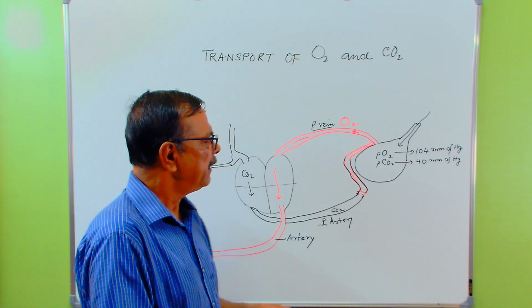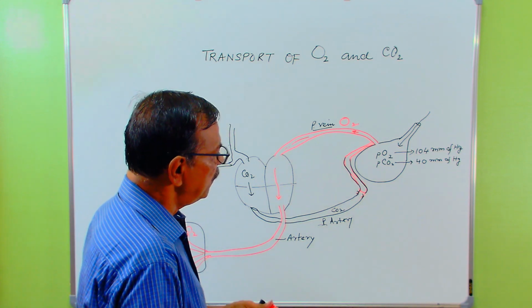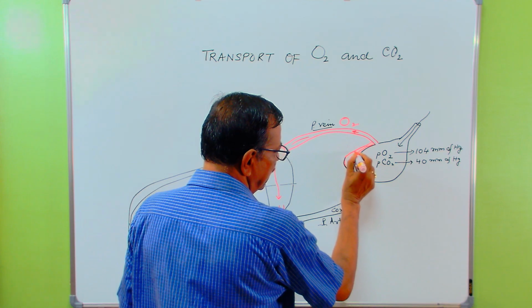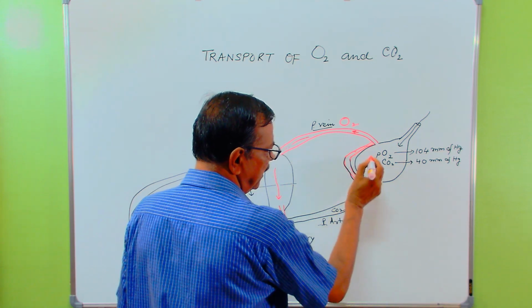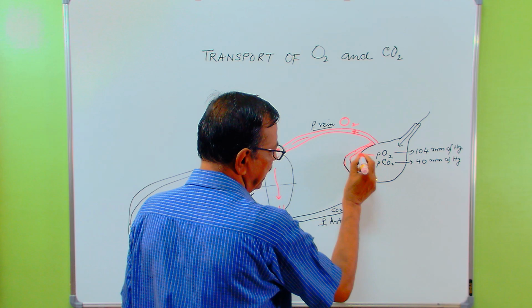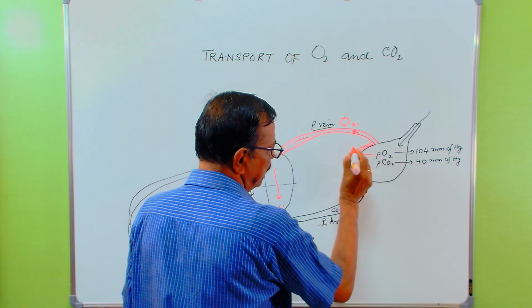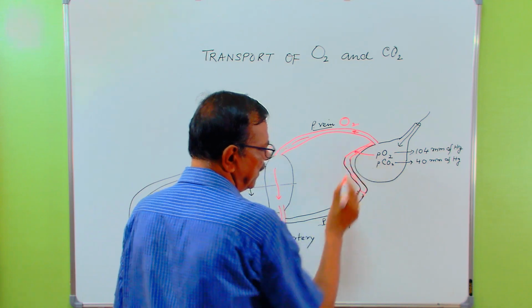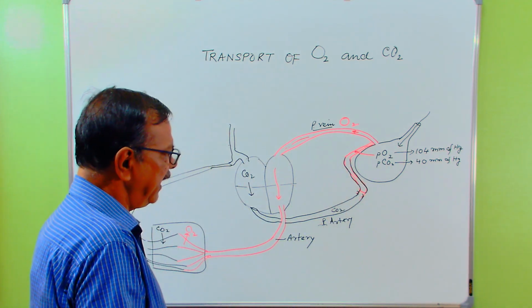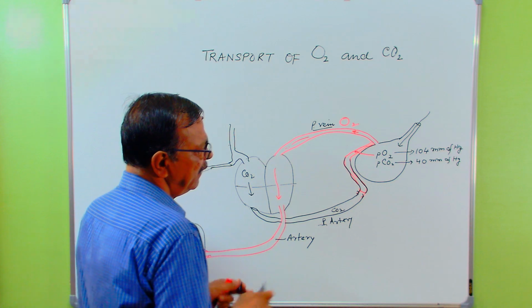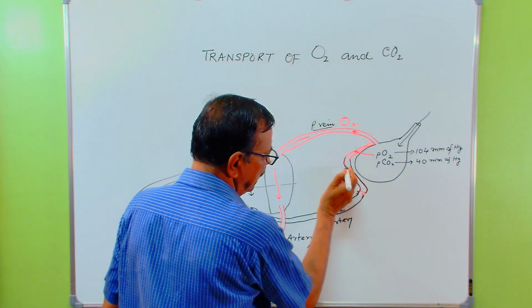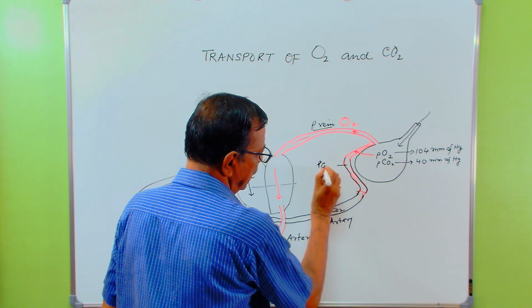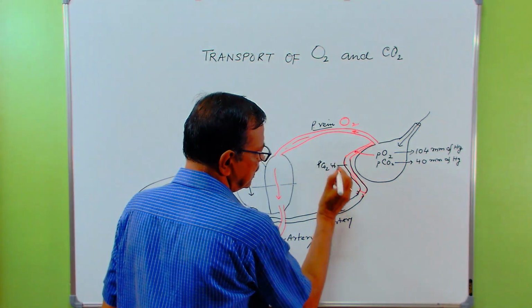and here what happens, PO2 pressure is 104, and here the pressure of oxygen is less. It is 40. So PO2 comes in, and here it is 40, here PCO2 is 46.